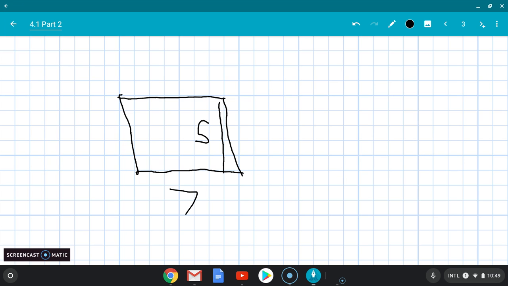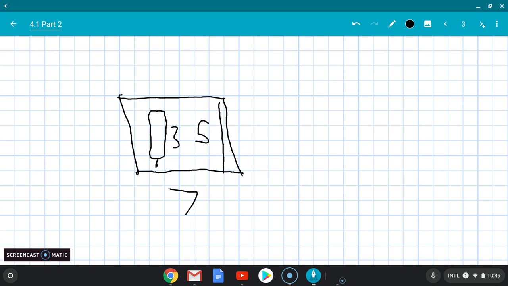Fair enough. But say there's a rectangle right in the middle of it, and that is a 3 by 1 rectangle. Now, you're going to see problems where they ask you to find the area of the shaded region.